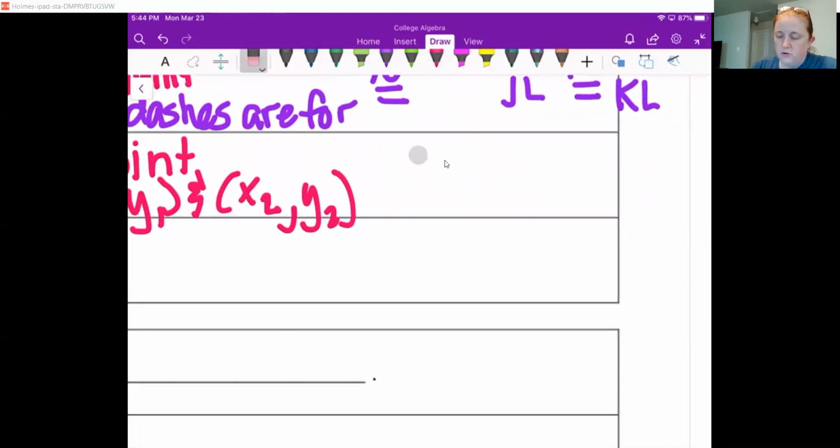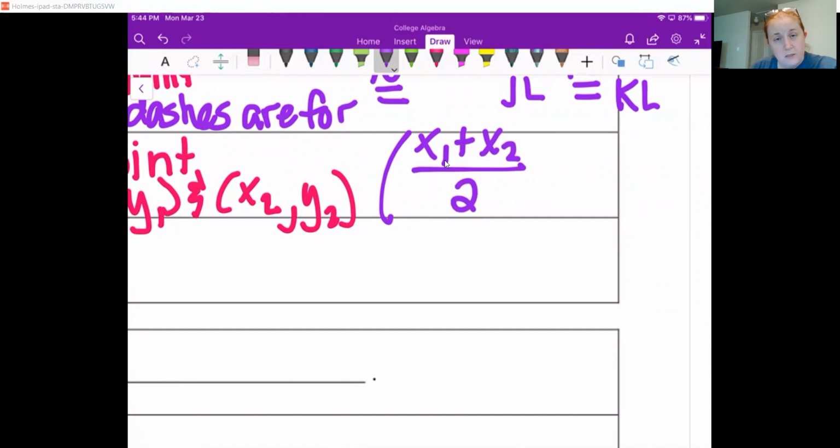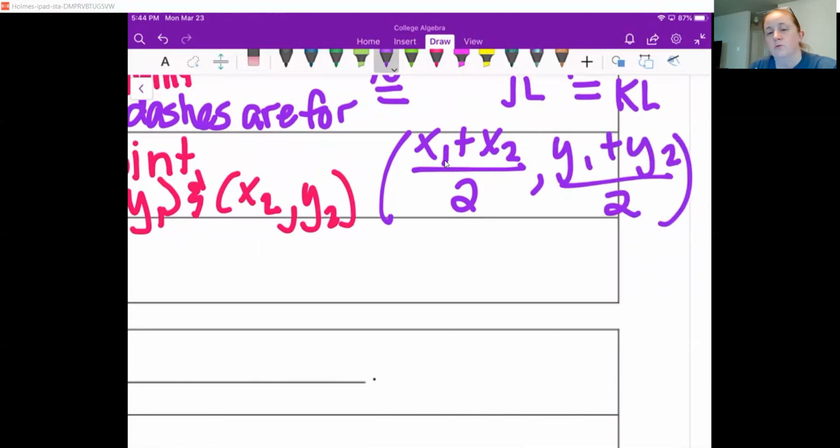Also known as, on our formula, x1 plus x2 divide by 2. So add up your x's, divide by how many there are, and do the same thing with the y's. y1 plus y2 divide by 2. So add up the y's, divide by how many there are. These two numbers are the coordinate of the middle, the coordinate of the midpoint.